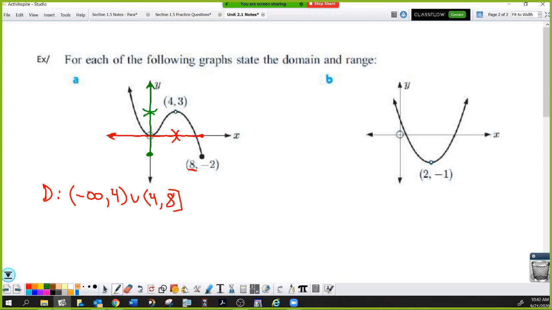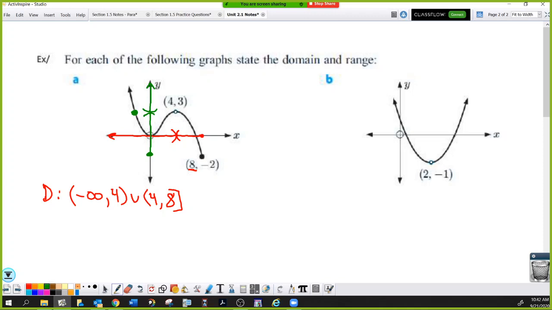But like a couple of my gentlemen just realized, that point actually does get hit right here. So the question is, do I hop over it? But remember, you're smashing it flat. The question is, when I smash it flat, will that y value be covered up? Yes, it will. One side of the graph didn't cover it, but the other side did. So the question is, is it covered?